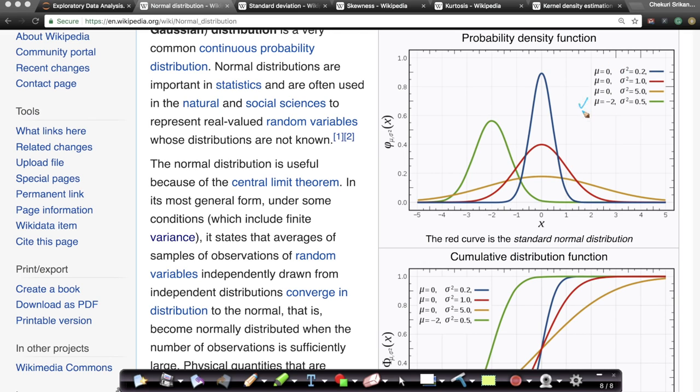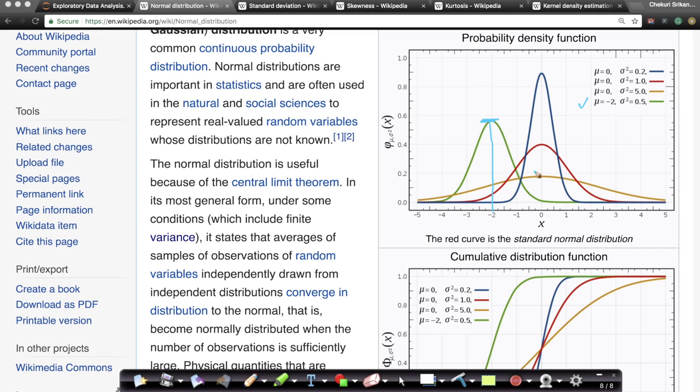What about your mu? For this green line here, your mu is at -2. The peak of the hill in the probability density function of a Gaussian distribution is exactly at mu. So mu is the most often found value, because the height in a PDF represents how often we find these points. What is the probability of finding a value around -2?